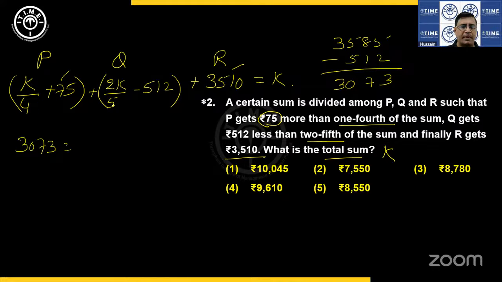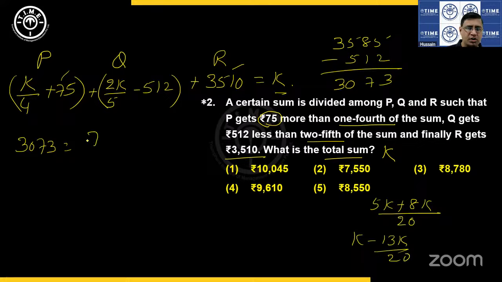Just add these. 20 is the LCM. So 5K plus 8K, the sum of these two is equal to how much? 13K. So K minus 13K by 20 is equal to 7K by 20.